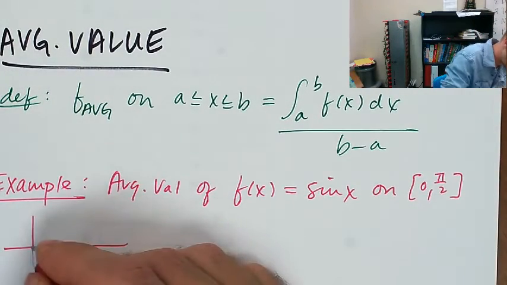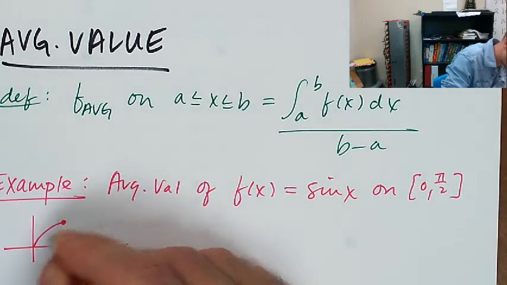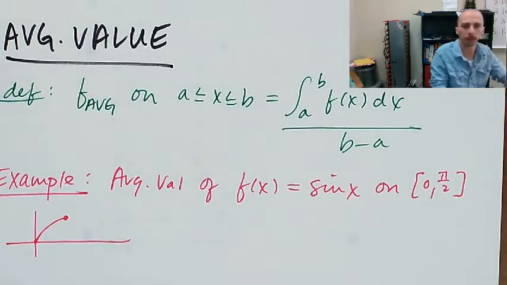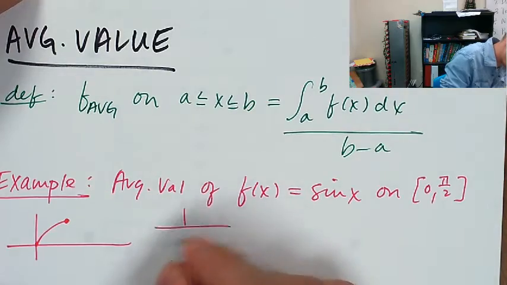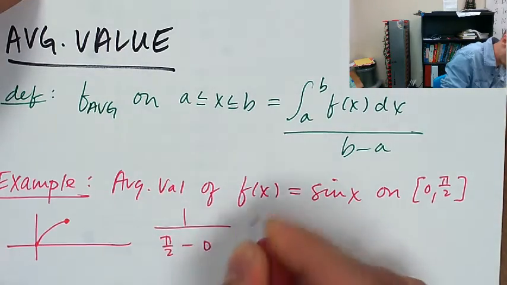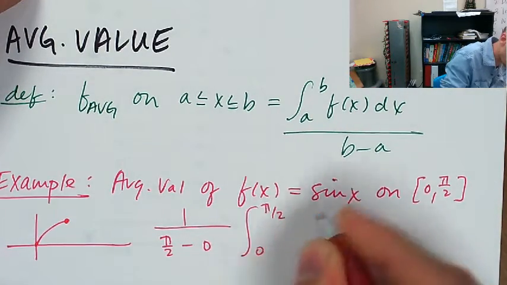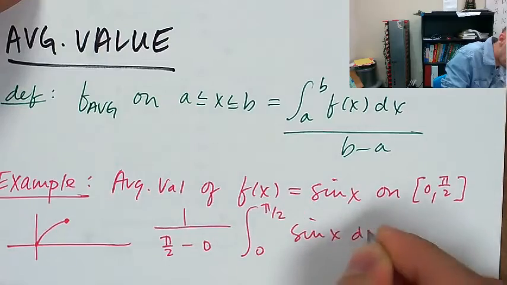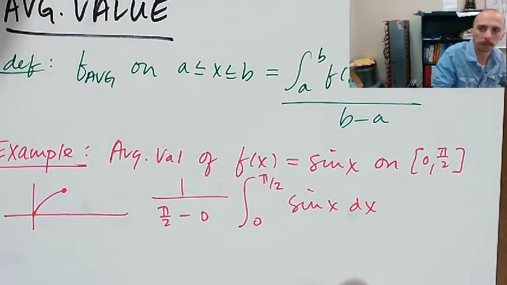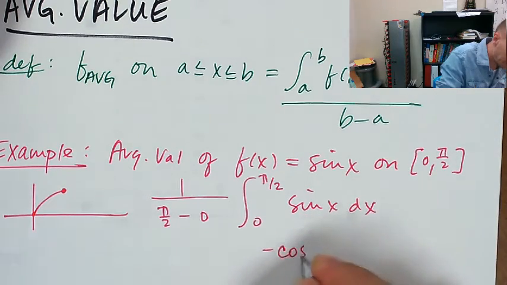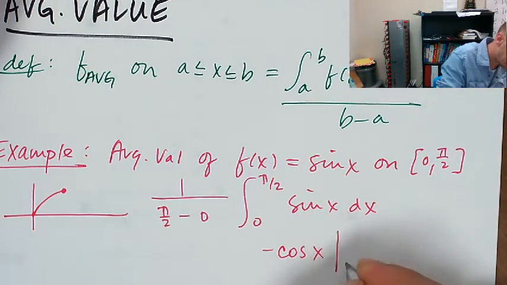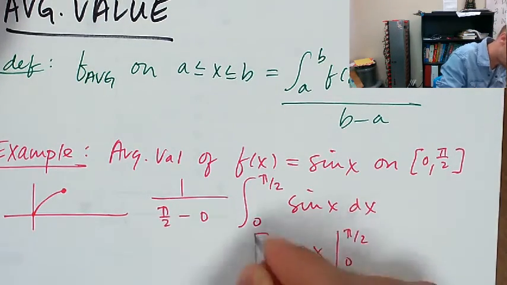Because you know what that looks like. 0 to pi over 2, that's just that part of the graph of sine x. And so what we're going to do is 1 over pi over 2 minus 0, integral from 0 to pi over 2 of sine x dx. And that would be, antiderivative would be negative cosine x as x runs from 0 to pi over 2.